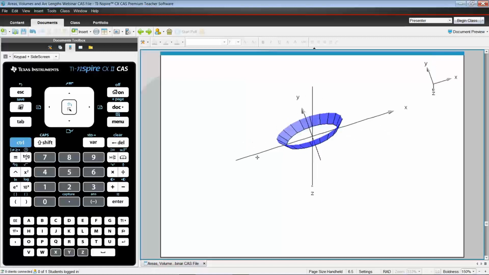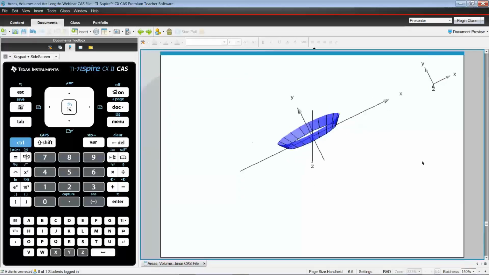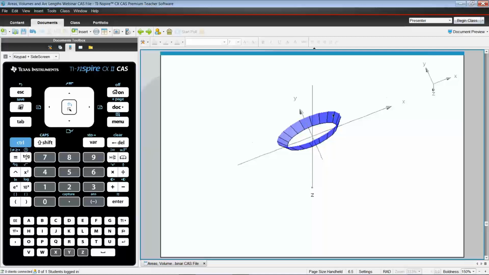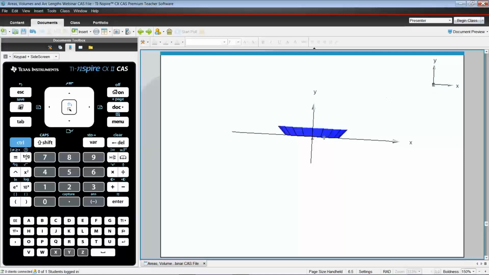I've tried to put the angle in such a way that we've got a similar viewpoint to our 2D picture. If you rotate that curve about the y-axis, the outside of that solid looks like that blue object over there. Pretty cool visuals that you get from solids of revolution.